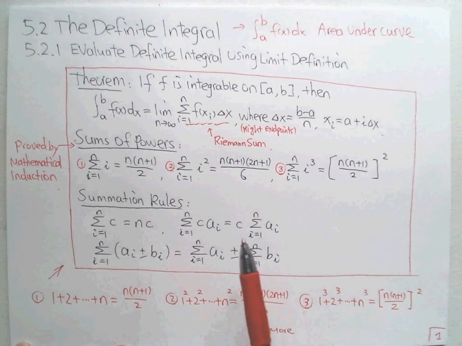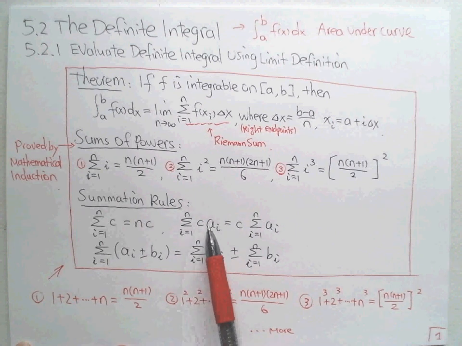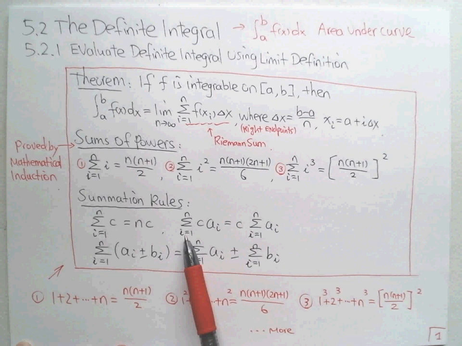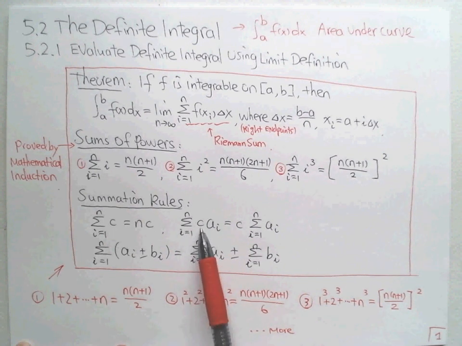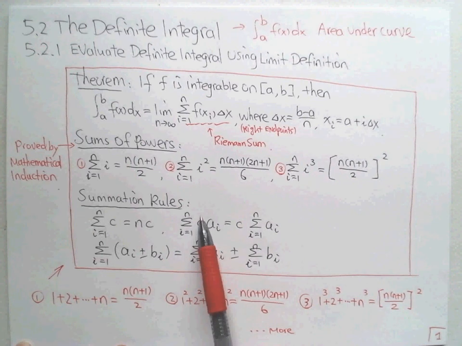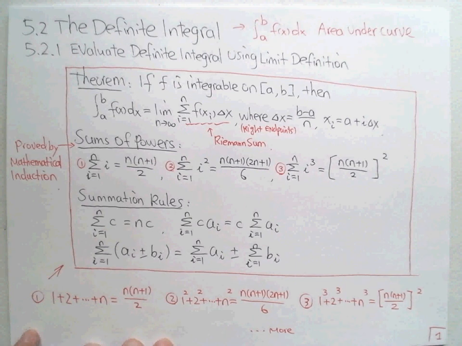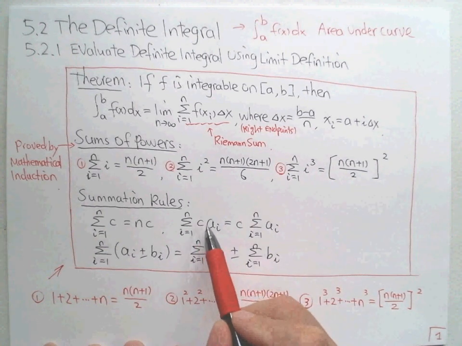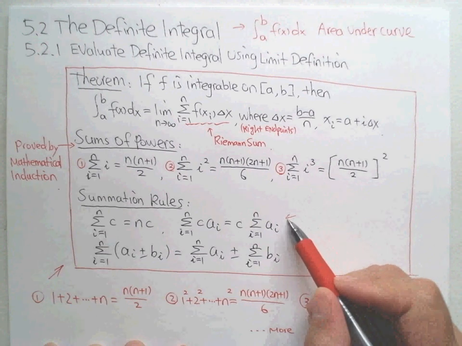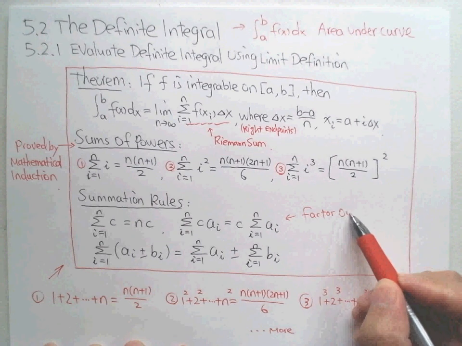The second summation rule is this: sigma is summation, each term is c, a constant number, times ai. ai is dependent on i, right? But c does not depend on i, so c can be factored out. Why?